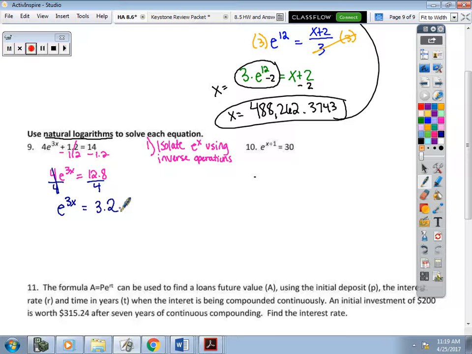Now that we've isolated it, we will insert and we'll take the natural log of both sides. This will become natural log of e to the 3x equals natural log of 3.2.